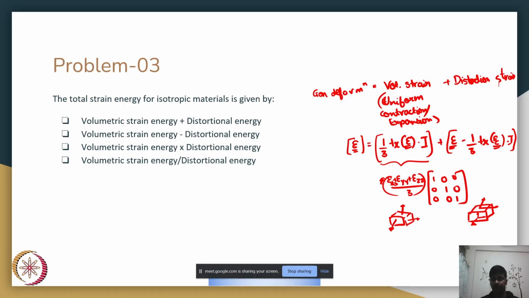This is specifically true for isotropic material.